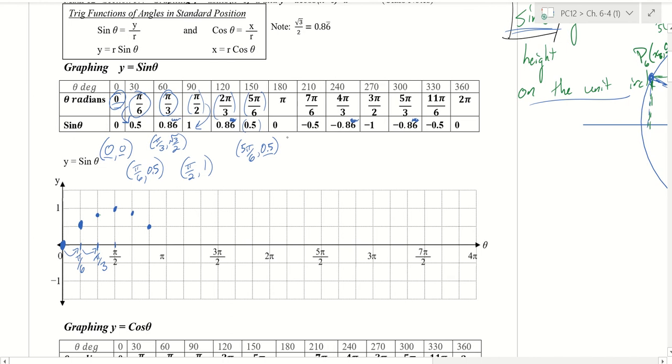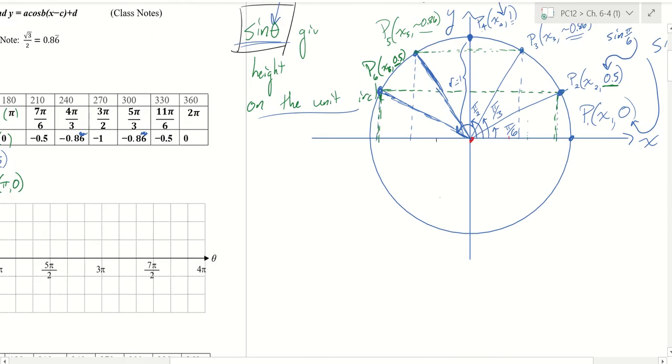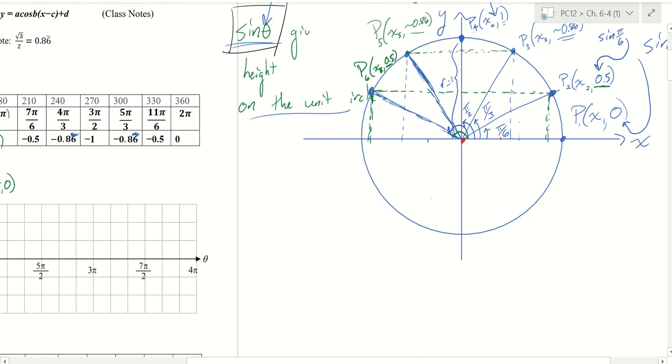So let's look at this particular input and output pair for a rotation of pi radians. We're going to have 0 height above the x-axis. That works out, right? We have a rotation of pi radians. We will be right here with some x value. It'll just be -1, but that doesn't quite matter. And the y value will just be 0, right?